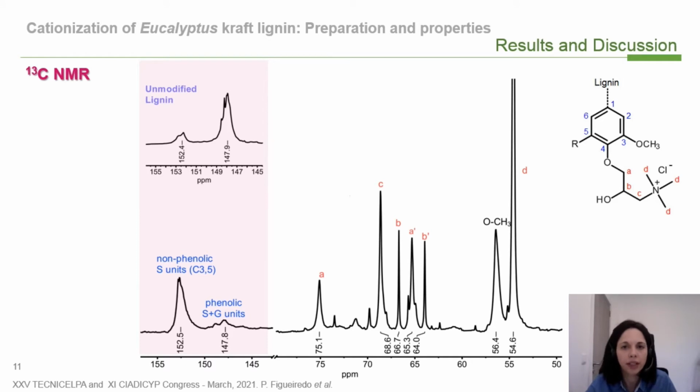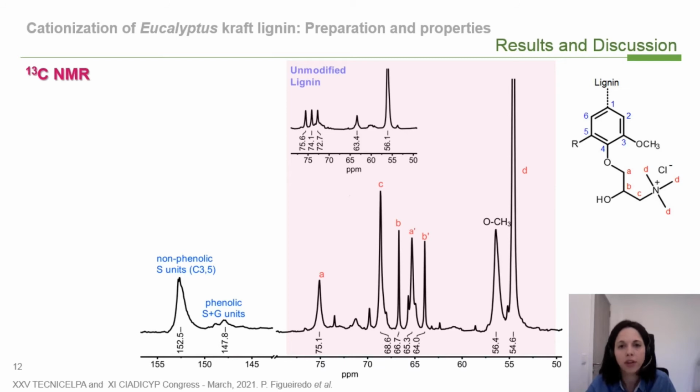While for the unmodified lignin, the more pronounced peak in the range of 145 to 155 ppm is centered at around 147.9 ppm, which represents C3, C5 atoms in non-etherified guaiacyl and syringyl moieties, this peak pattern is reversed for the cationized products, since the phenolic hydroxyl group is now etherified, as evident from the signal at 152.5 ppm. According to the signal intensity ratio of these two peaks, it was estimated that at least 70% of the free phenolic groups have reacted.